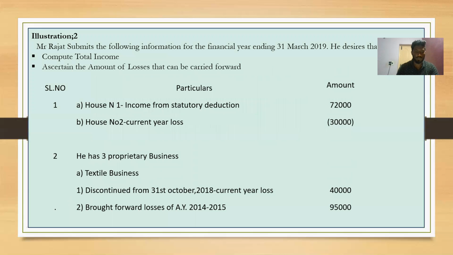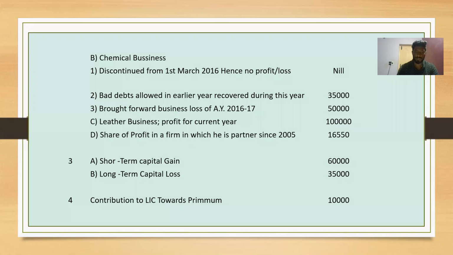We need to see if there is any brought forward loss from previous years. We have one brought forward loss of 2014-15. First we need to set off that amount. Do we have any other brought forward? Yes, we have another one brought forward from 2016 and 17.